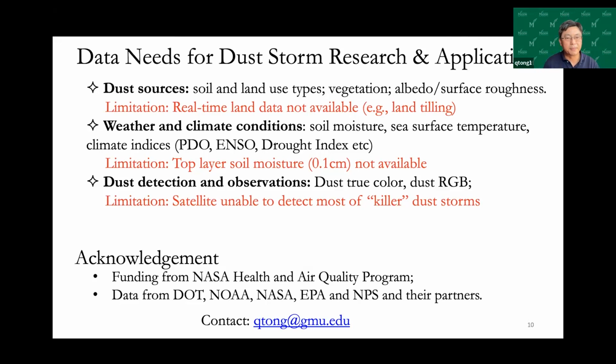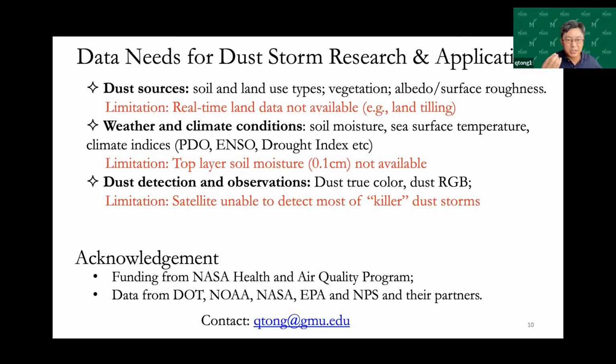We also have a problem getting weather and climate condition data sets, including soil moisture, sea surface temperature, and climate indices. The most striking problem right now is we don't have a proper soil moisture product. We want a 0.1 centimeter top layer, but we are unable to get that data because the soil moisture data sets are not suitable for dust detection and dust forecasting.